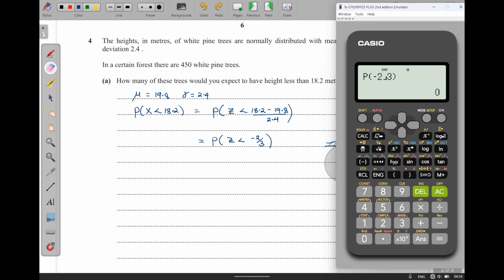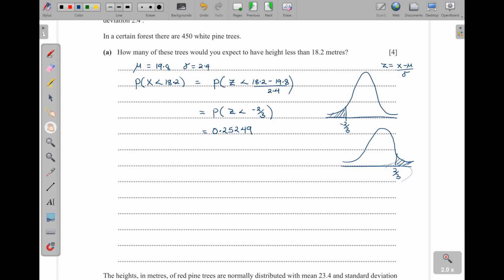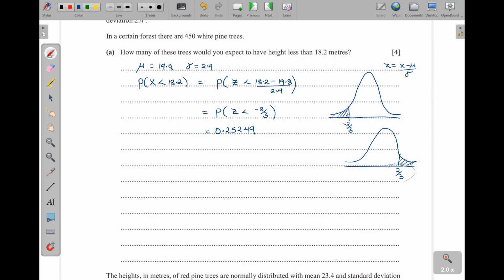This one can give you the values for the negatives also. So that is 0.25249.